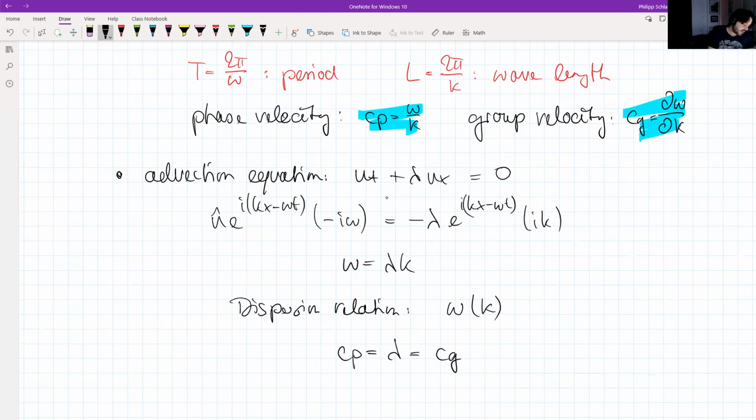So I found that the phase speed and the group velocity of a wave that I put into the advection equation is traveling with a constant speed lambda.